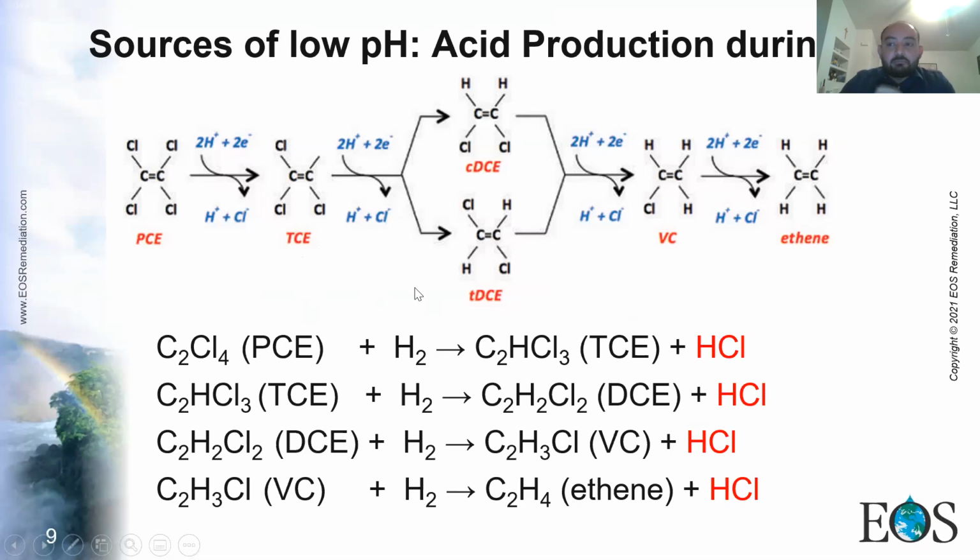That means that protons will be added to the aquifer and the pH will inevitably go down. This is not a big issue from a molar perspective. However, if you have a big plume, for example a DNAPL, you will start seeing that the pH goes down as the dechlorination process moves on, and that will eventually interfere with the process.